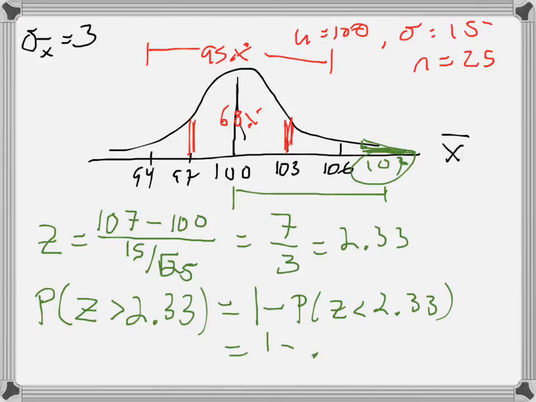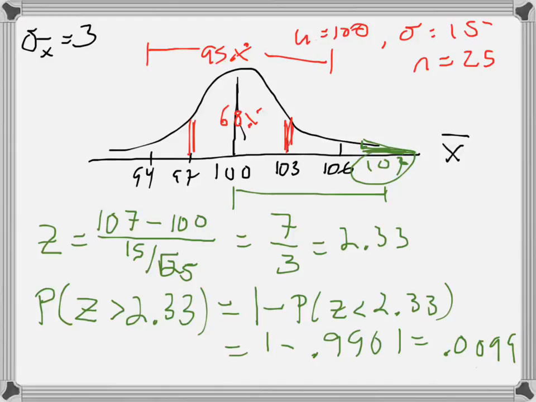And what's on my chart at 2.33? I got 0.9901. So this is going to be, excuse me, 0.0099, or essentially 0.99%, just about 1%.